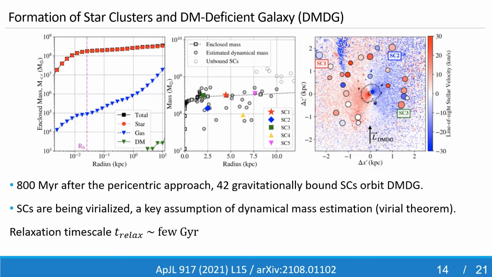The middle panel here shows the dynamical mass estimated from each star cluster's velocity and position, which agrees well with the enclosed mass profile, indicated with the dotted line. So we can say that star clusters are virialized, which is a key assumption of dynamical mass estimation using the virial theorem.